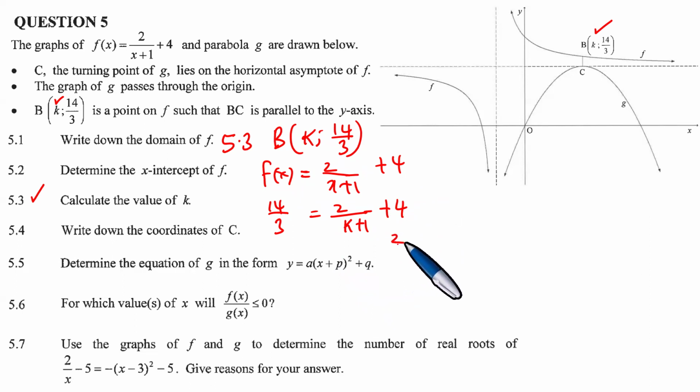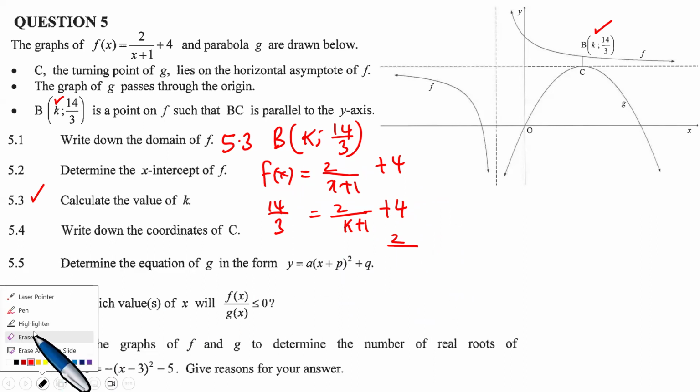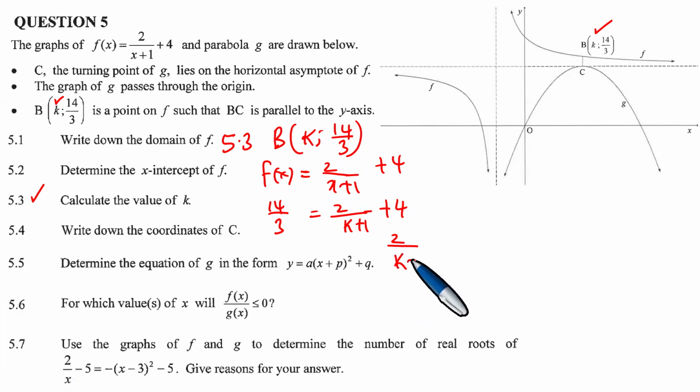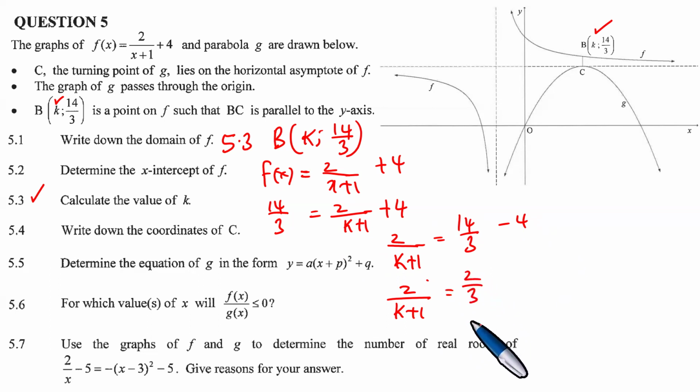Upon careful examination, we have 2 over k plus 1. You transpose the terms, and we have 14/3 minus 4, and this equals 2 over k plus 1. What is 14/3 minus 4? That is 2 over 3.